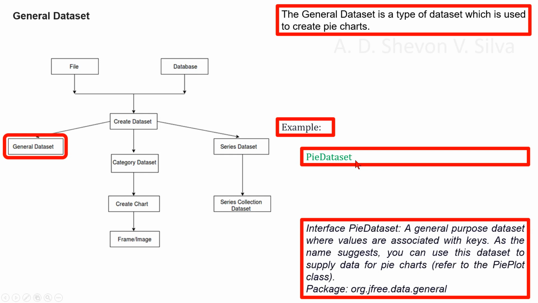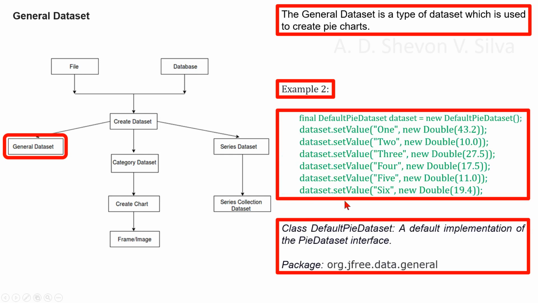Interface PieDataset is in package org.jfree.data.general. As an example 2, we can consider this code segment here. The class DefaultPieDataset, a default implementation of the PieDataset interface.